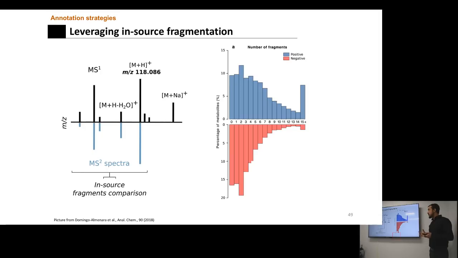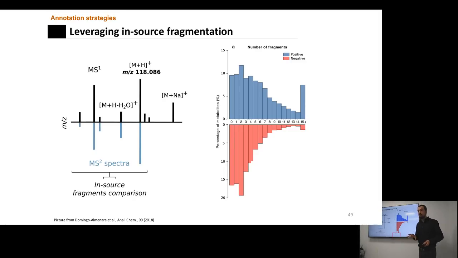And you can see from here that only less than 10% of the molecules in METLIN, the molecules that we usually observe in our samples, have no in-source fragments, whereas the vast majority, more than 90% of the molecules, have at least one or multiple in-source fragments. So that means that in-source fragmentation is actually a real phenomenon.